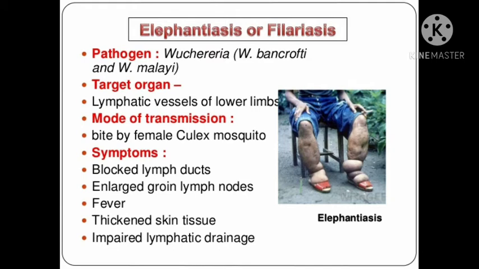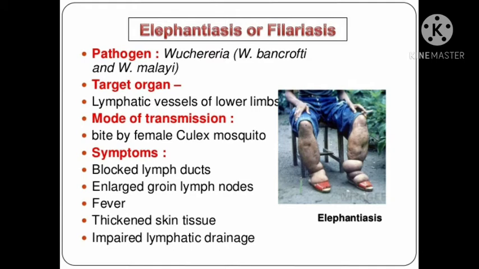The common symptoms of elephantiasis are swelling of groin lymph nodes, blocked lymph ducts, fever, thickening of the skin tissue, and damage to the lymphatic system. The symptoms may not show up as soon as the infection.